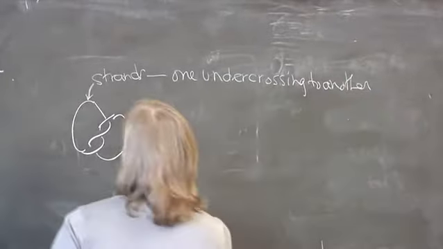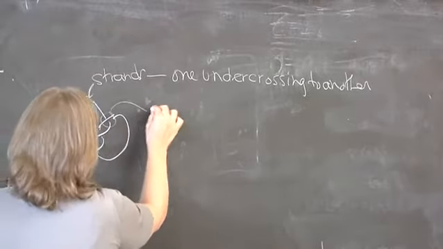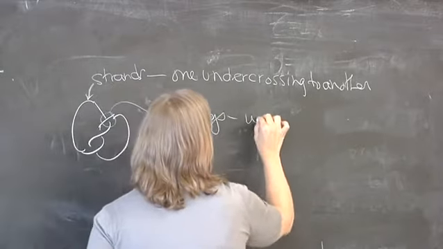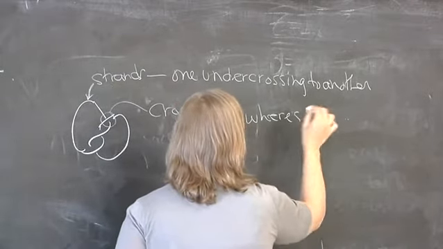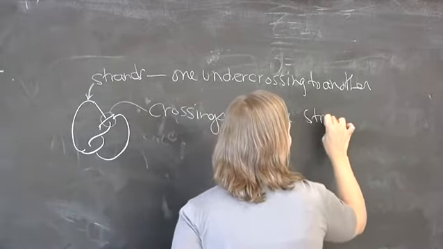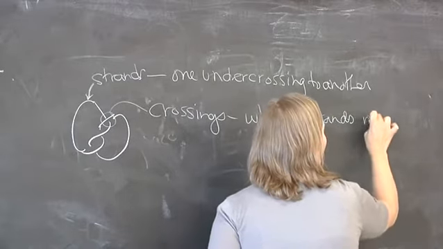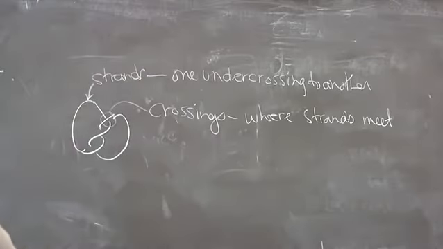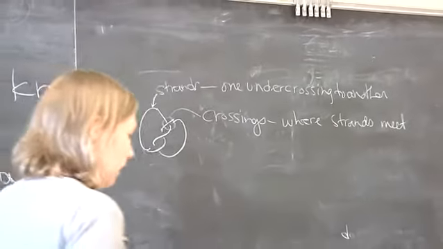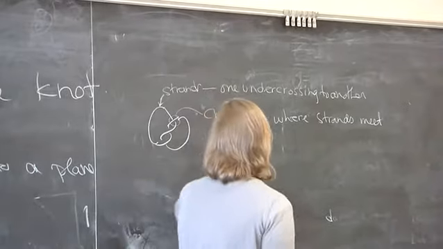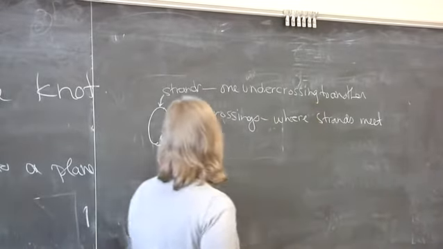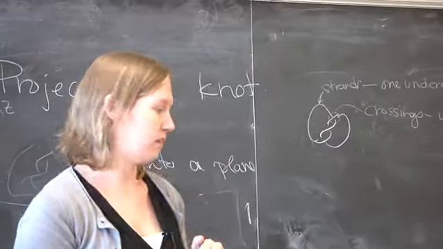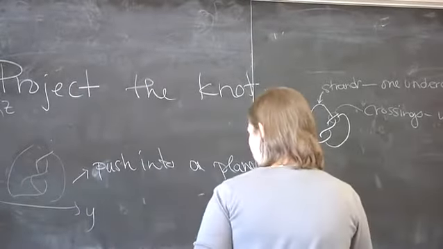And then we have these bits, which are called crossings, and they're where strands meet, so it's kind of a circular definition. But I think you probably get what I'm trying to say. So you have crossings and strands. And that's where the idea of coloring is going to come in, where we're going to color the strands, and the colors will meet at crossings.